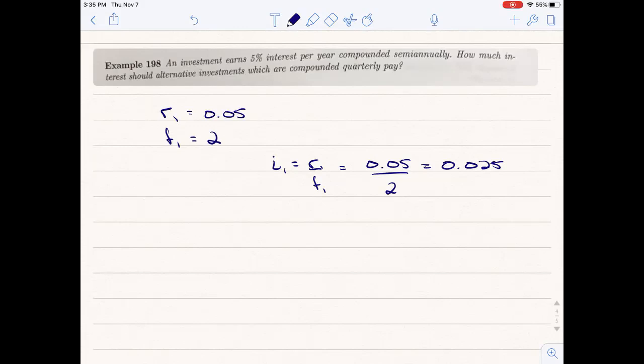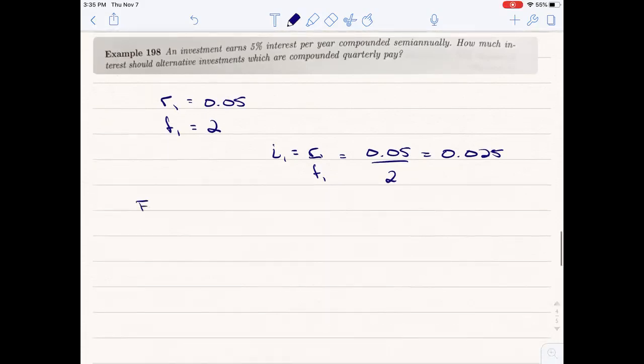So now find I2, where F2 is quarterly, 4.